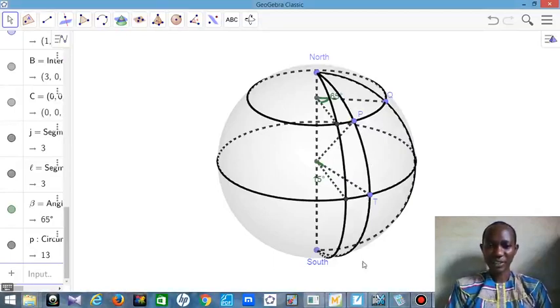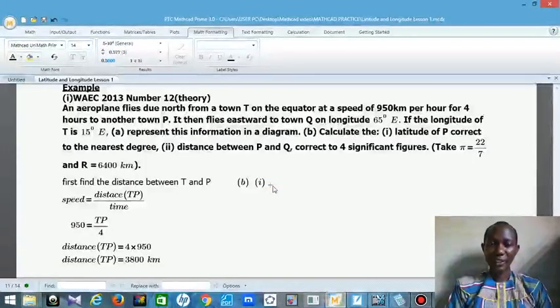Very simple question. It's not difficult. And it's on the great circle, and the distance TP is already known. So we are not doing any other thing.